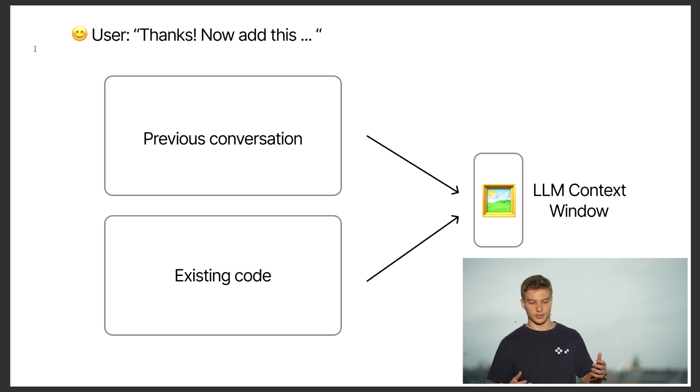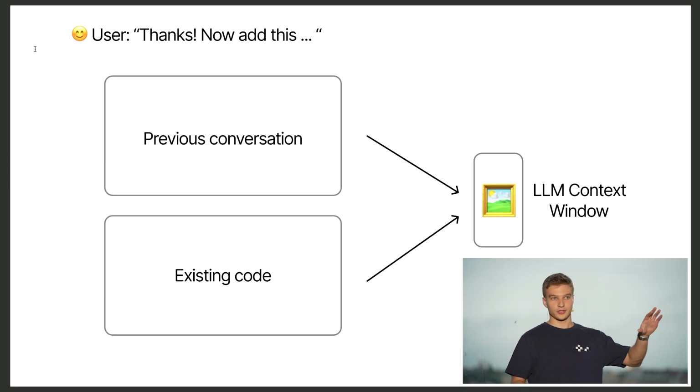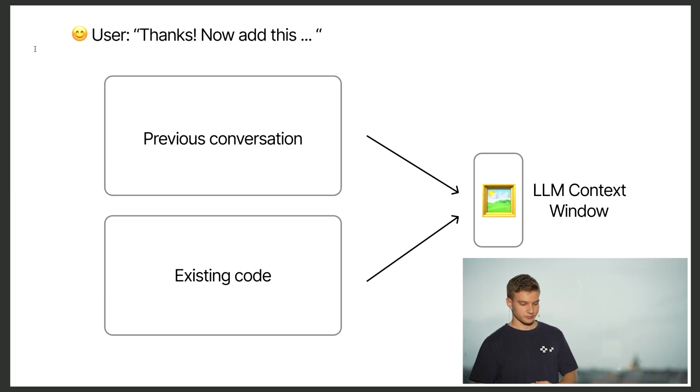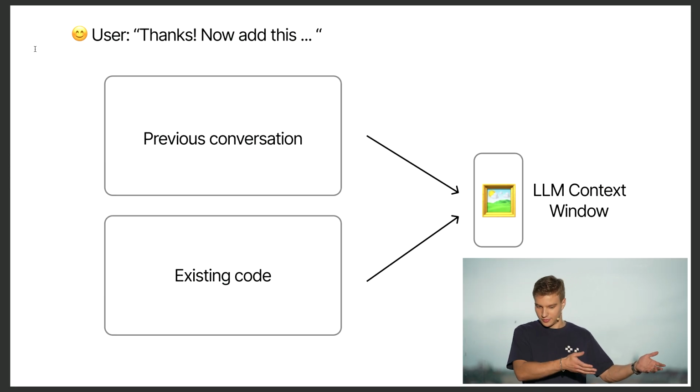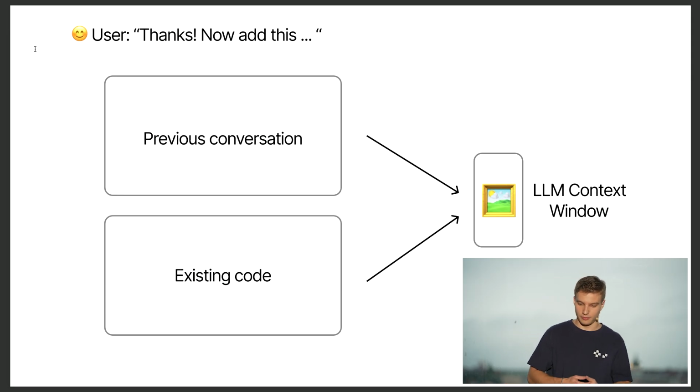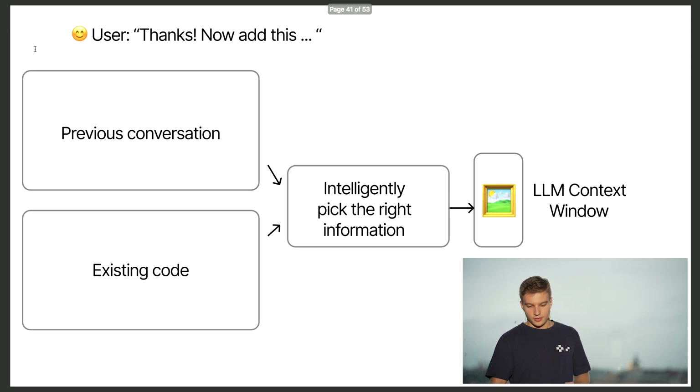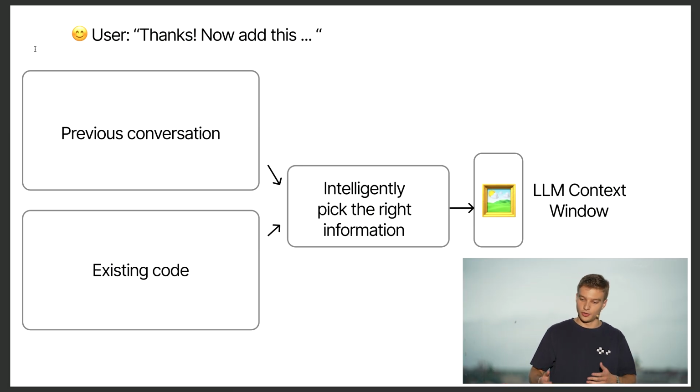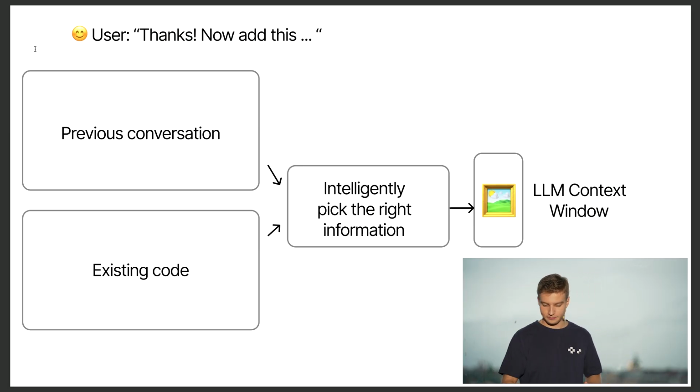For instance, maybe the agent responded with, do you want me to do A, B, or C? I will proceed with B, but I can also do A and C. And then the user says, no, actually, undo what you did there and do A instead. Then you need to tell this to the next model, otherwise you will have big issues. So somehow you need to intelligently pick the right information to input into the context for the next model to write more code.